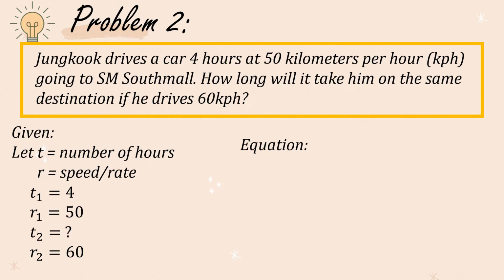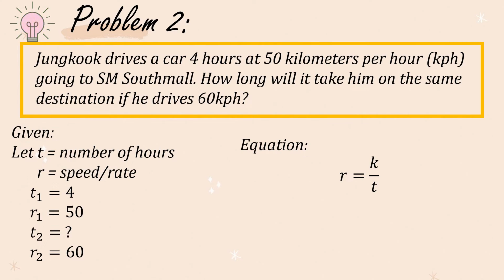They are opposite. Alin kaya sa mga variation yung as the other variable increases, the other one decreases? Very good. Inverse variation. So, ano kaya ang ating mathematical equation for this problem? Our mathematical equation is R equals K over T.